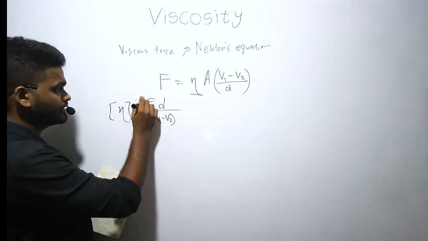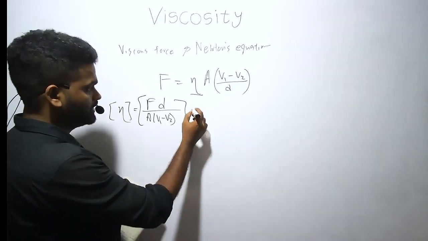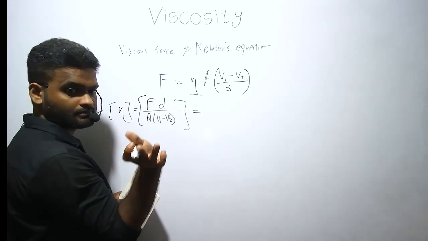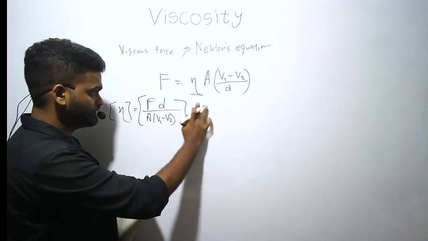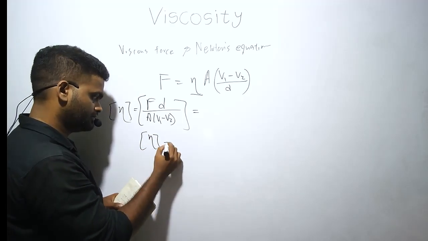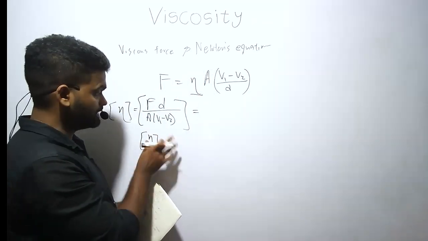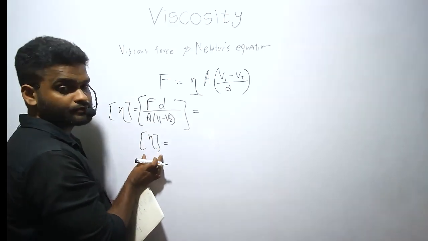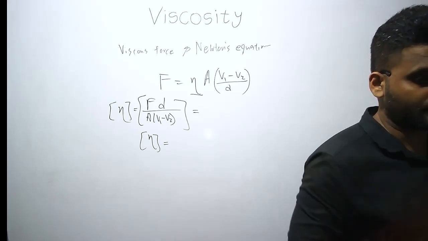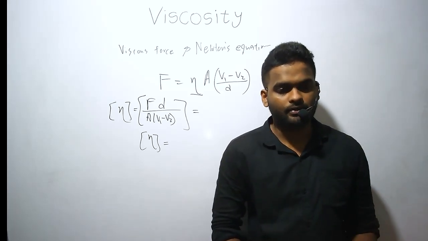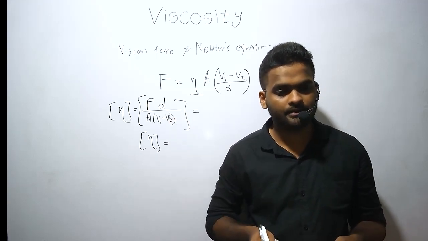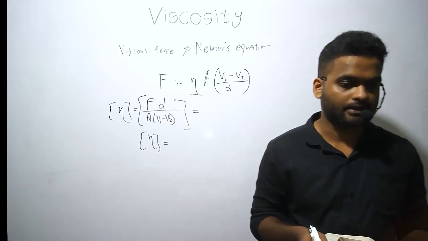Then I'm going to find dimensions. Can you find the dimensions of this and let me know the answer? Quickly, right? Take this down first, then find the dimensions. I need dimensions for eta, okay? Let me know the answer, the dimensions. I think you know dimensions, right?